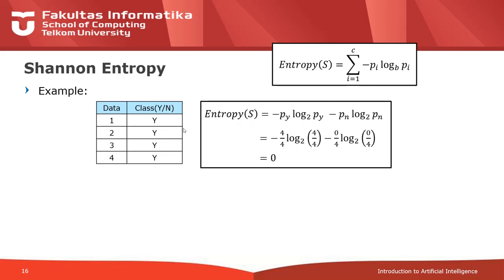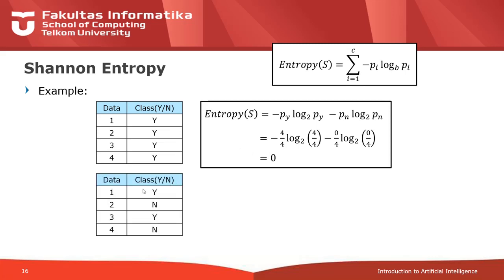What is Py? Py is the probability of yes here. Py will be 4 divided by 4, because we have 4 yeses, divided by the count of data, which is 4. So this is 1. Then minus 1 log 1, and then minus 0 log base 2 of 0, because we have nothing that has no here, so this is 0. So the entropy is 0.